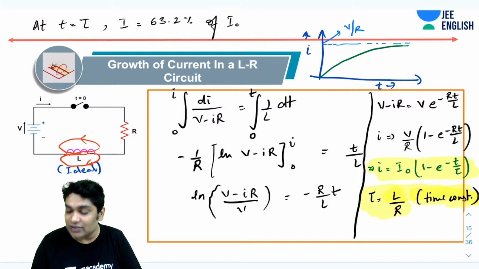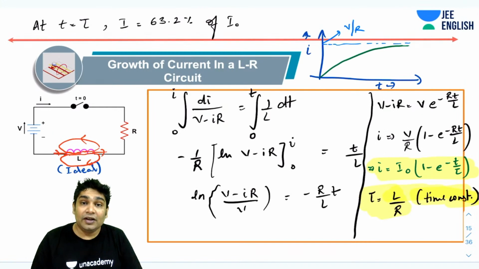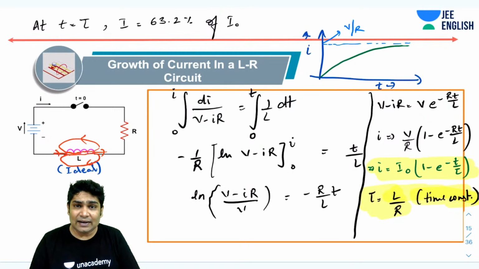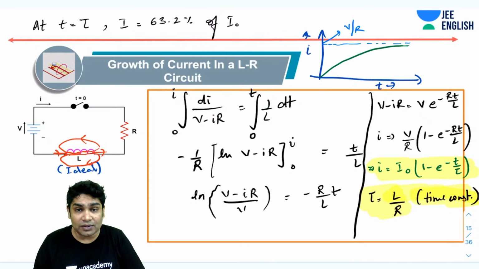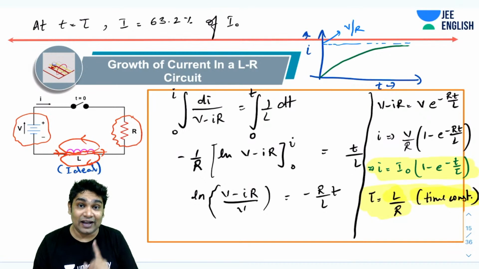If you write these equations and talk about all the sources that are doing work, the battery is doing work. During charging, the total work done by the battery would be the heat dissipated across the resistance plus half L I naught square.